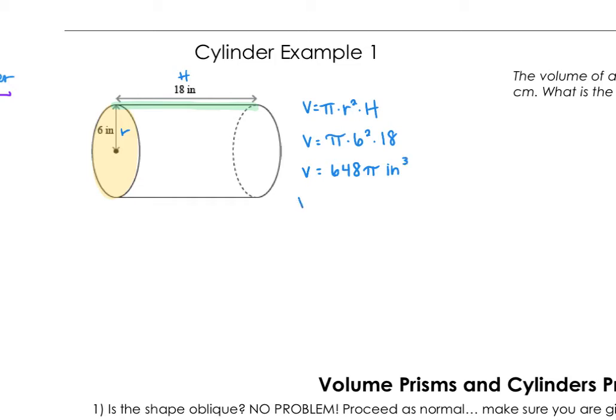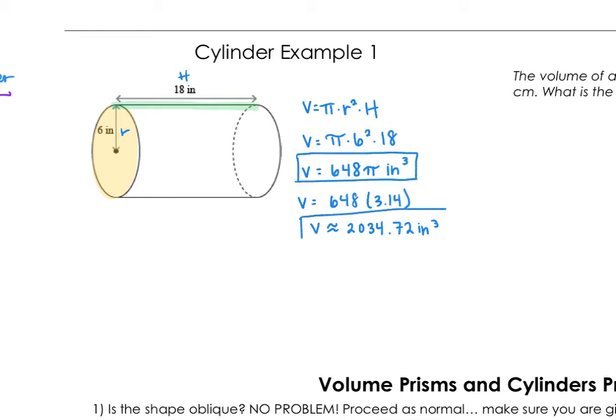And then to get my approximate, we're going to do 648 times 3.14, which is pi. So for the approximate answer, you should get 2,034.72 inches cubed. So this top one is my exact answer, and this one is my approximate answer.